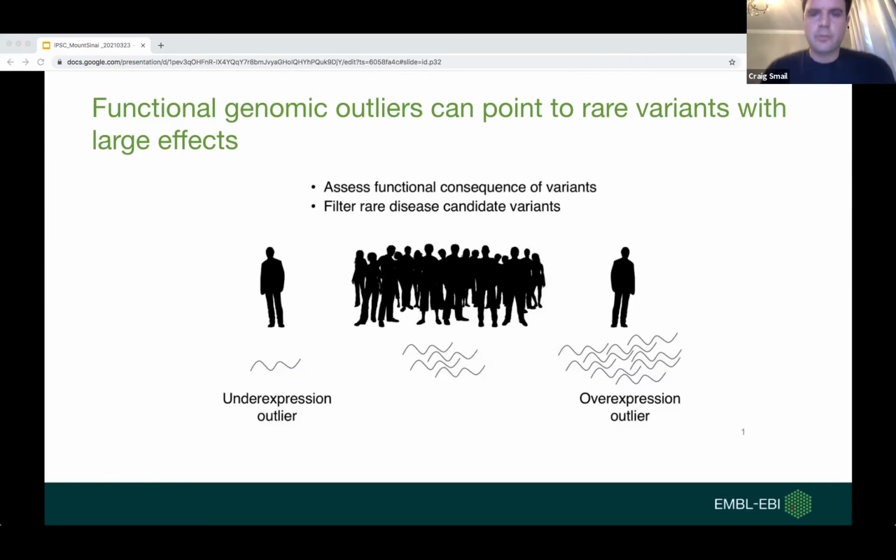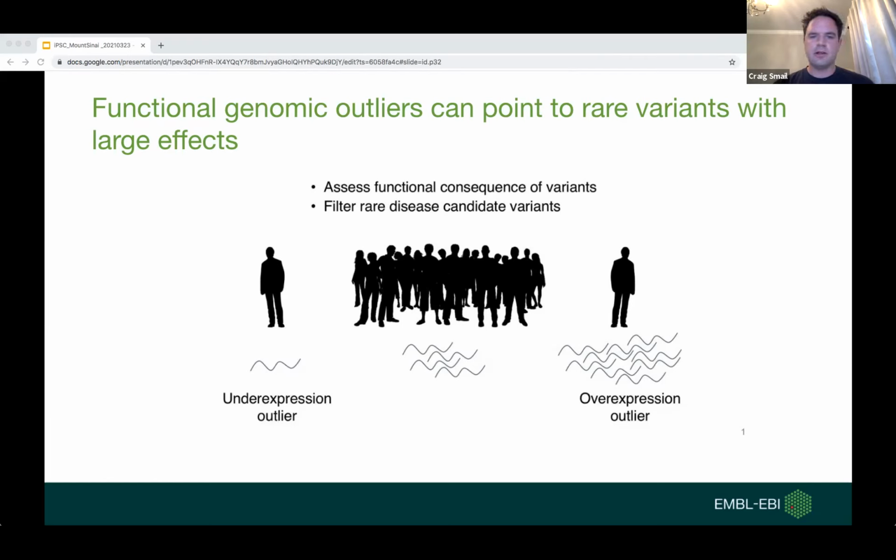So just briefly, I want to present this slide. The slides I'm about to present rely on an expression outlier approach. This is an approach enabled by RNA sequencing, which allows us to measure individuals' transcriptome, or the expression levels of genes across the genome.